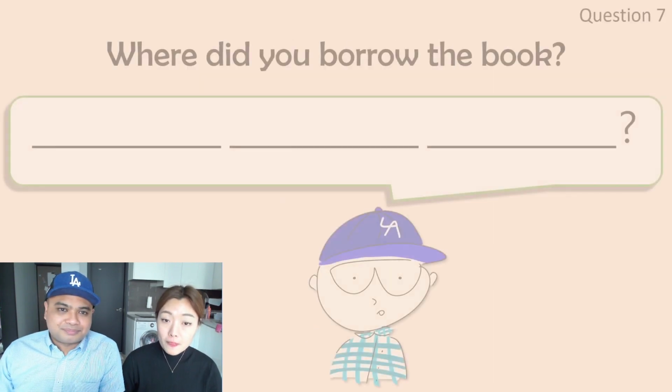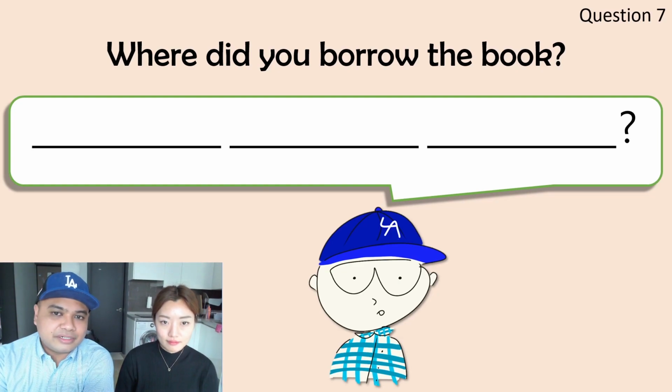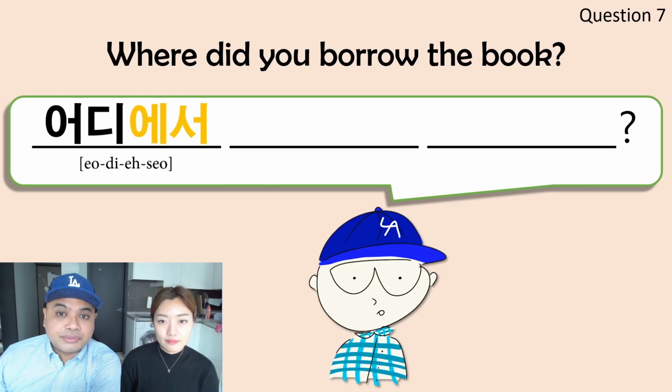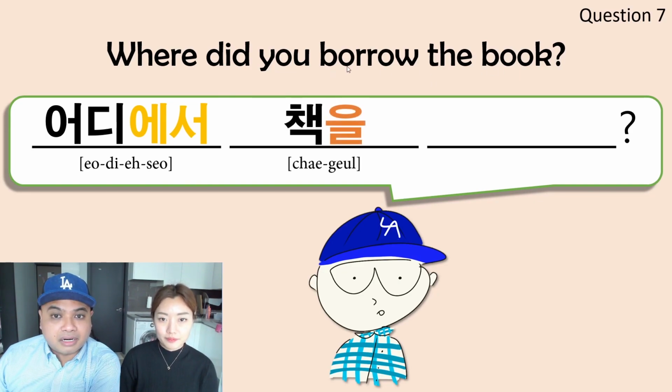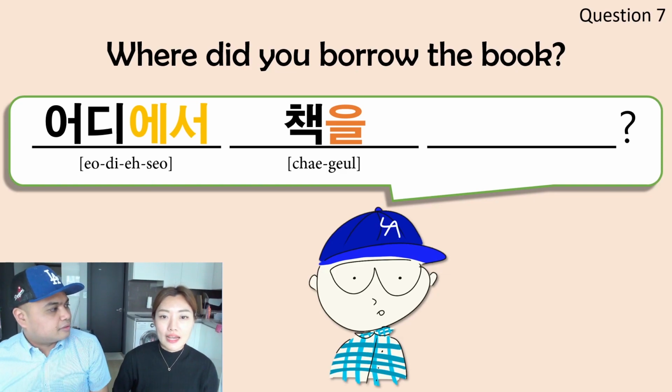Two more. Where did you borrow the book? All right, we have our question here. Of course, this is a question, so we need to say 어디에서. And then we need the object, which is 책을, the book, and then borrow. How do we say borrow in Korean, the base form? 빌리다.